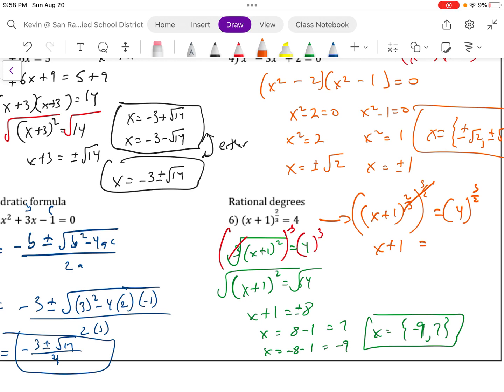And then you go over here and you say, well, this would be the same as 4 to the 1/2 power to the 3rd power. 4 to the 1/2 power, that's the same as saying the square root of 4, which equals 2. And 2 cubed equals 8. So this winds up being x plus 1 equals 8 also. And we wind up with those same answers.